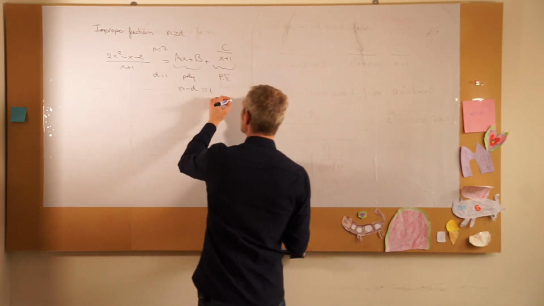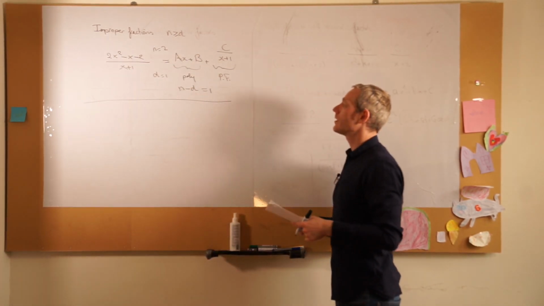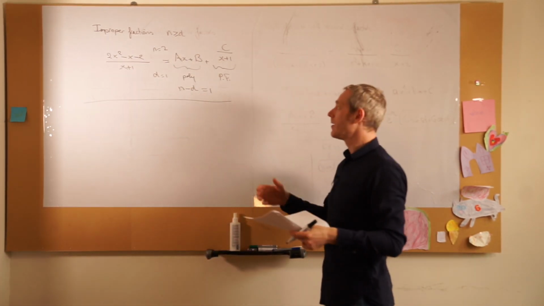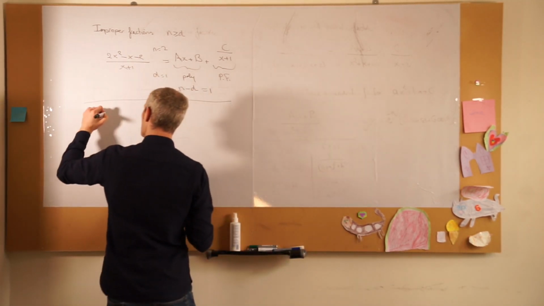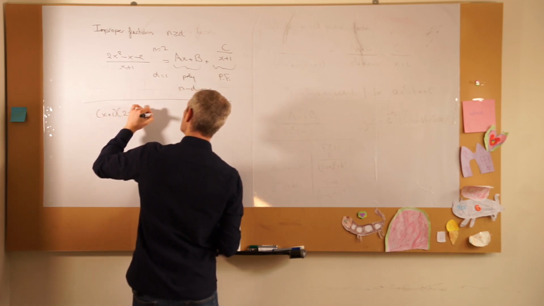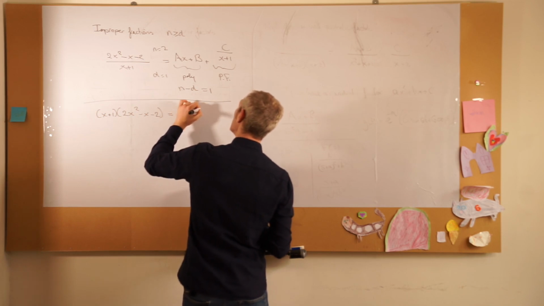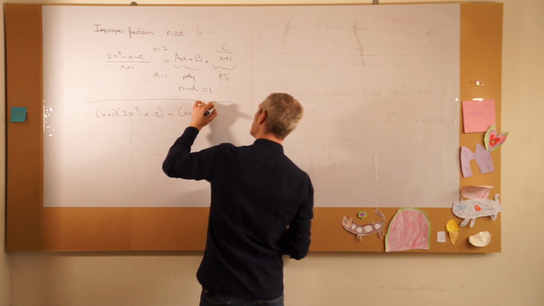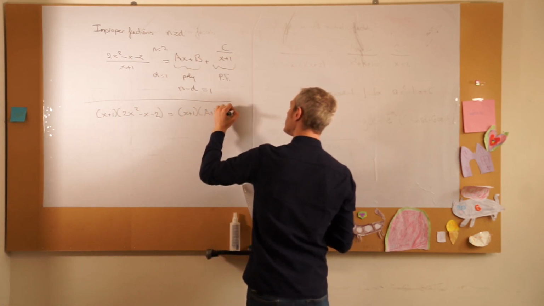Well, what we can do, as we know these two are equal to each other, is multiply by the denominator. So we get x plus 1 times 2x squared minus x minus 2 over x plus 1 is equal to x plus 1 times ax plus b plus c.